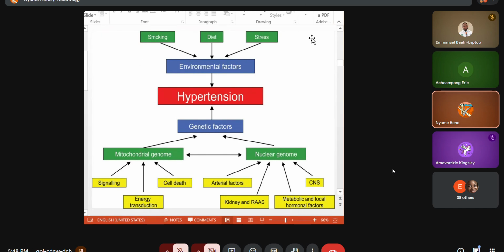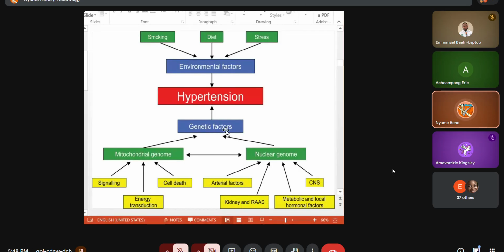So, environmental factors that can lead to hypertension: we have smoking, diet, stress. We also have genetic factors: nuclear genome and mitochondrial genome, signaling, energy transaction, cell death.